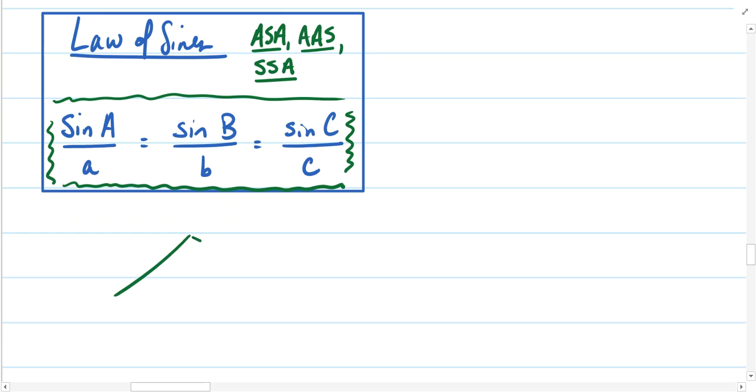So imagine if we had a non-right triangle and we had an angle measure here and a side length here. The ratio, when I divide those two values, sine of this angle and this side length, is equal to the ratio when I do the same thing with these positions that are across from one another, as well as these positions that are across from one another. That's what the law of sines tells us.